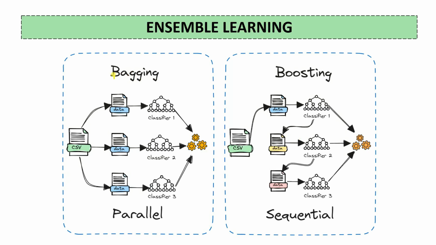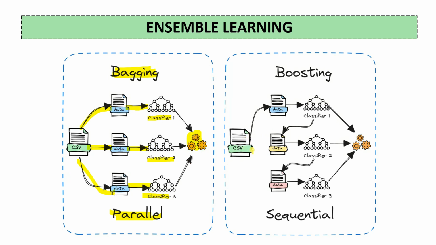Okay, so this is one graph. You can see here, in the case of bagging, our data is passed in parallel. You have a CSV file, we simply pass this data and create a sampling of the data and pass it to classifier 1, classifier 2, and classifier 3, and finally you get the output. But in the case of boosting, there's a difference between bagging and boosting.